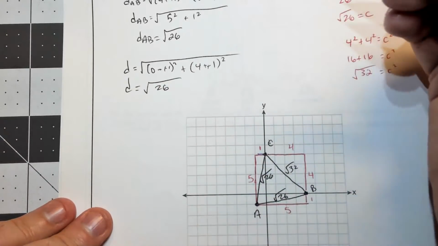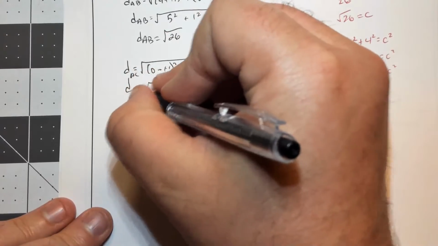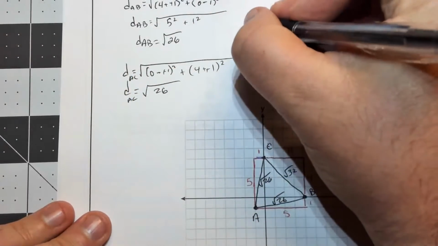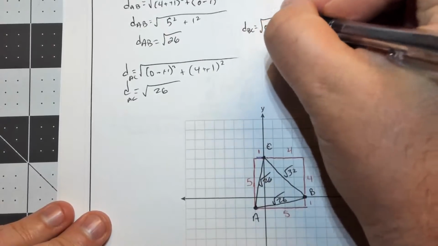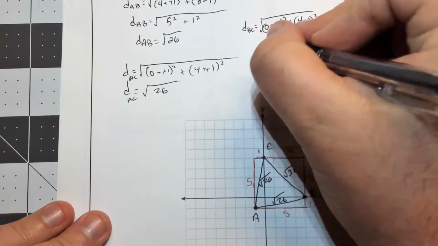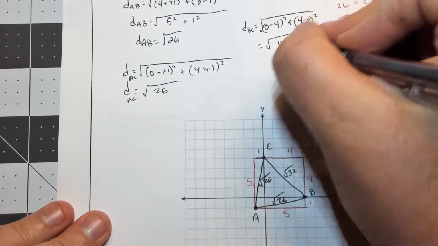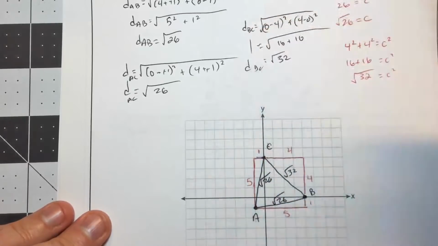And then remember how we labeled that AB? I would want to call this AC, so I have those for myself. And then the distance of BC is 0 minus 4 squared plus 4 minus 0 squared. And so this is where we're going to come up with 16 plus 16 is the square root of 32. Now we still need a concluding statement.